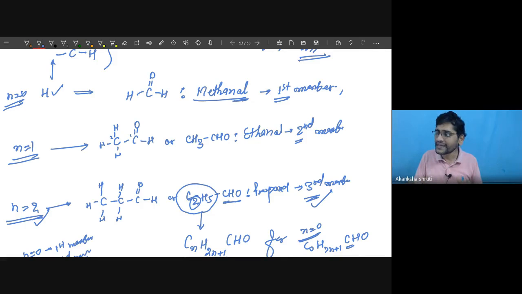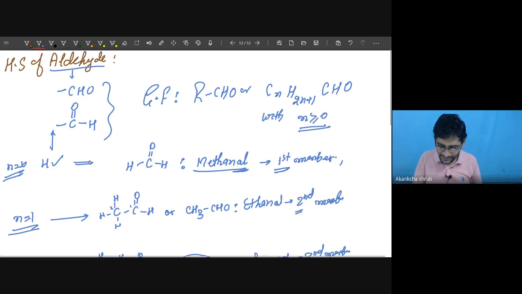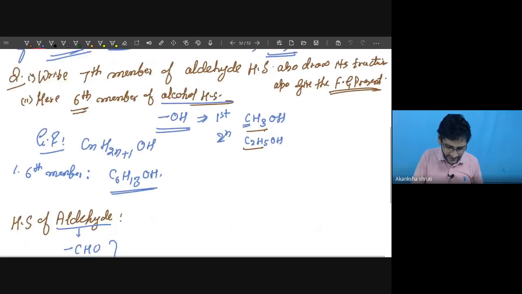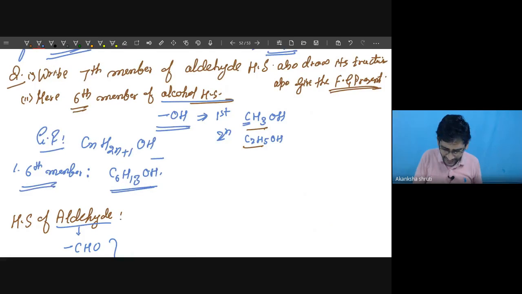No, you should be careful from where the basic member can start. Like here, for getting the sixth member, I had just substituted the sixth member. But this thing I cannot use for aldehyde, okay? Because here n can be greater than or equal to 0.